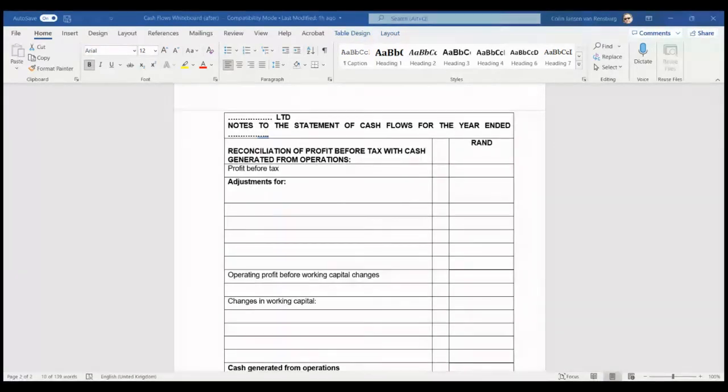So, ladies and gentlemen, if we want to convert, and this is again a good time to make a few notes because this is a mouthful. This is something we have to get our heads around. If we are going to start with profit before tax, which we know has been calculated using the accrual system, and we know it could include income and expense items that do not relate to operations, right?